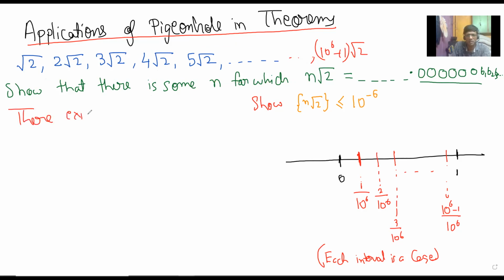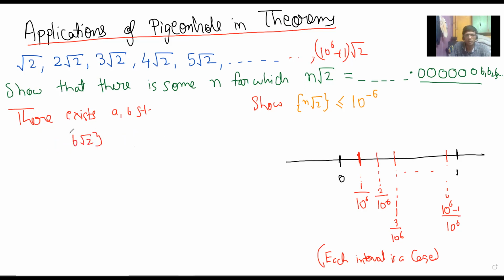There exist maybe A and B such that the decimal part of B root 2, I'm just using this notation instead of writing decimal part every time, minus the decimal part of A root 2 is less than, okay, maybe I shouldn't say that directly.